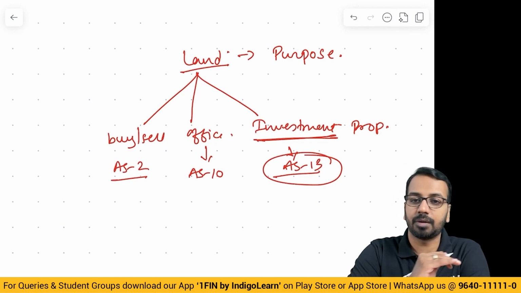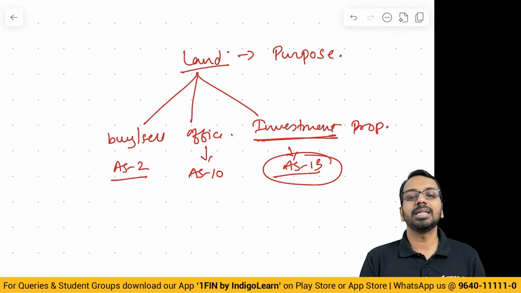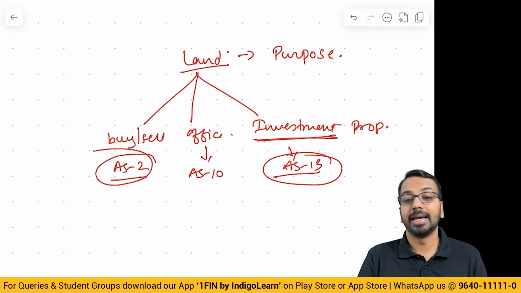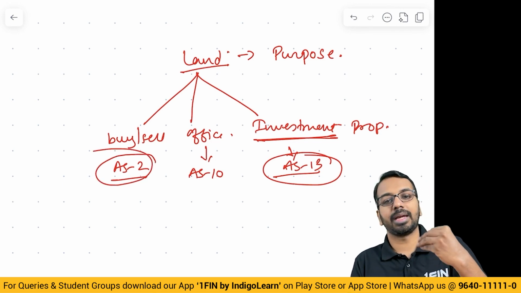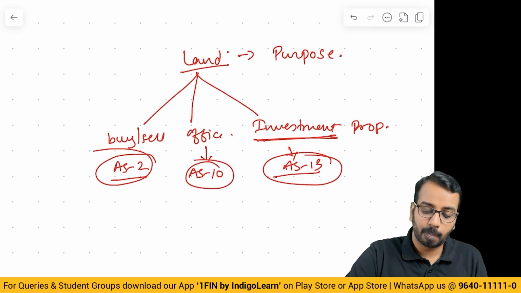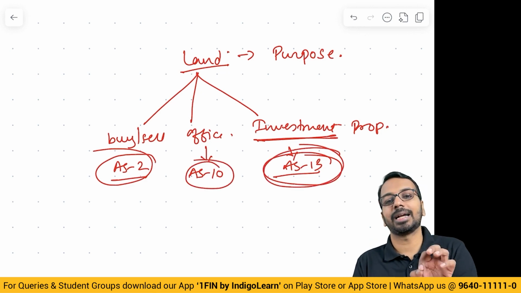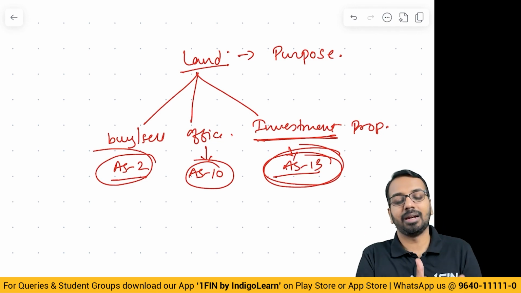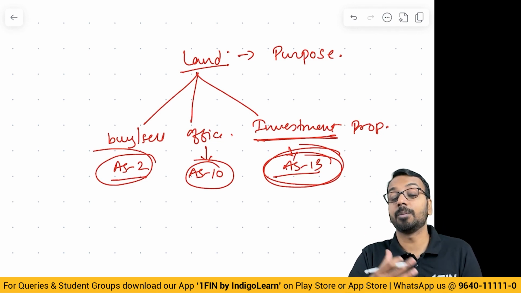So this concept, you have to make it very clear: what is the purpose? Am I buying and selling? Then it becomes my inventory. If I'm using it for my administrative purpose, for my business purpose, then AS 10. If it is for investment, then Accounting Standard 13, right? If this fundamental concept is right, then the remaining part of the standard will become much more easier.